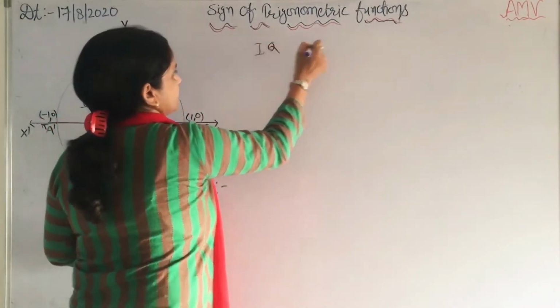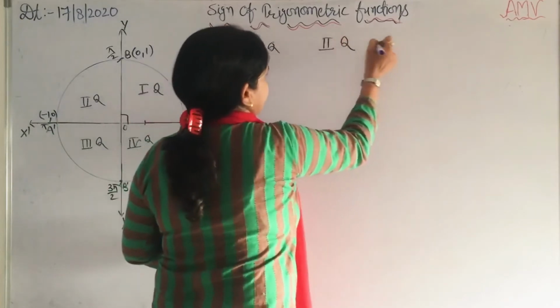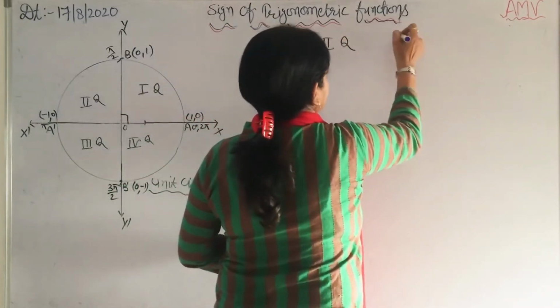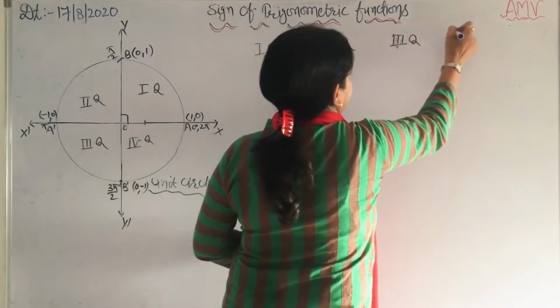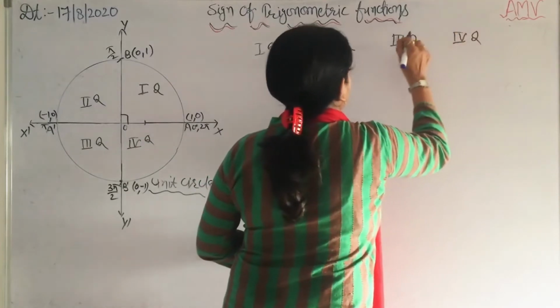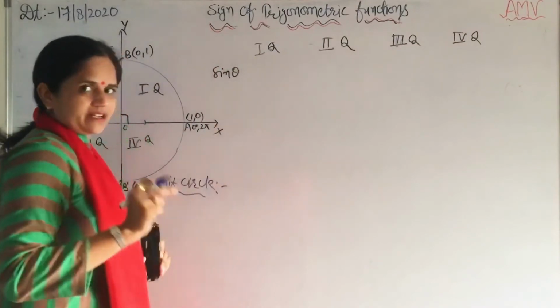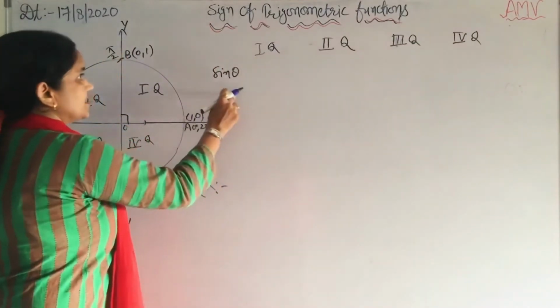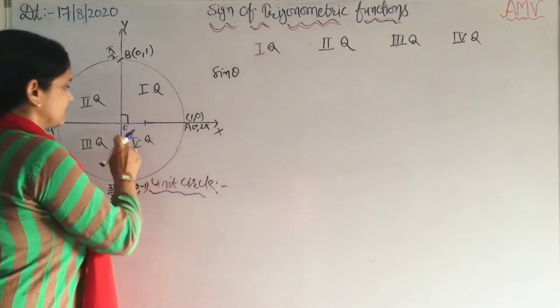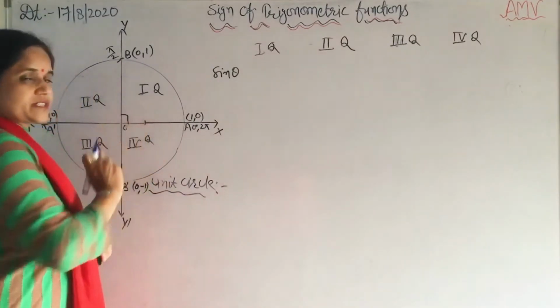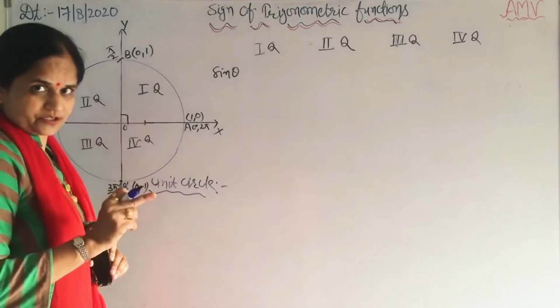First quadrant, second quadrant, third quadrant, and here fourth quadrant. Here I am writing the trigonometric function sine theta. First, sine theta in the first quadrant is positive.